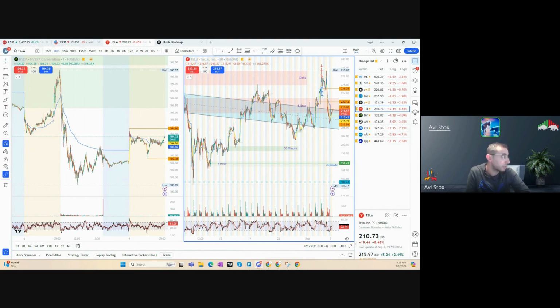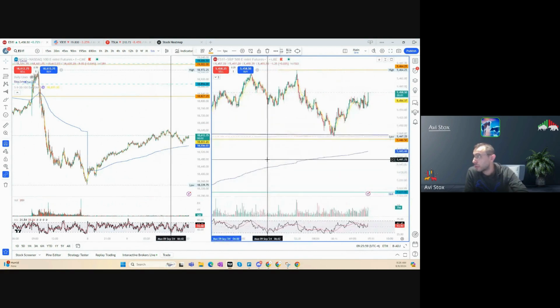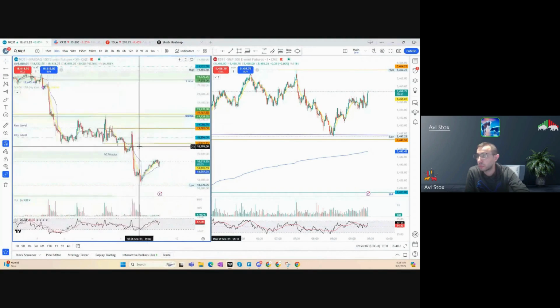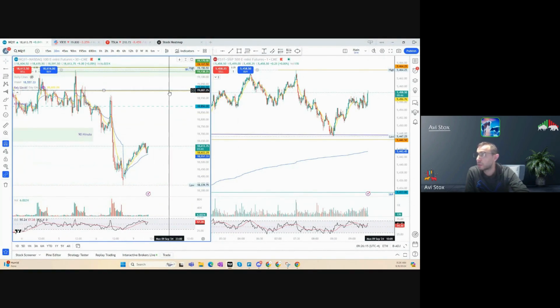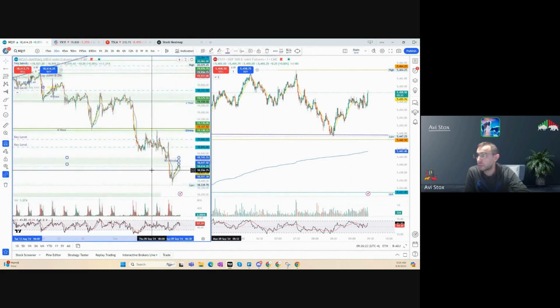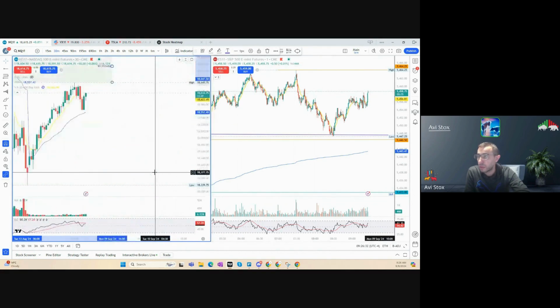Right, and that is 2 hours. So we mainly want to see that it's a stand value on a retest.